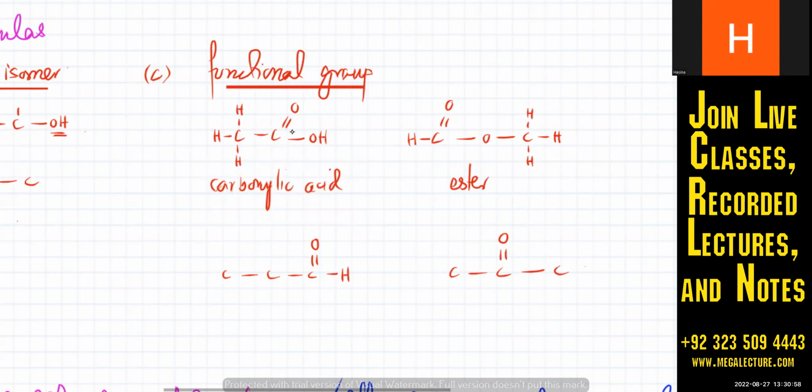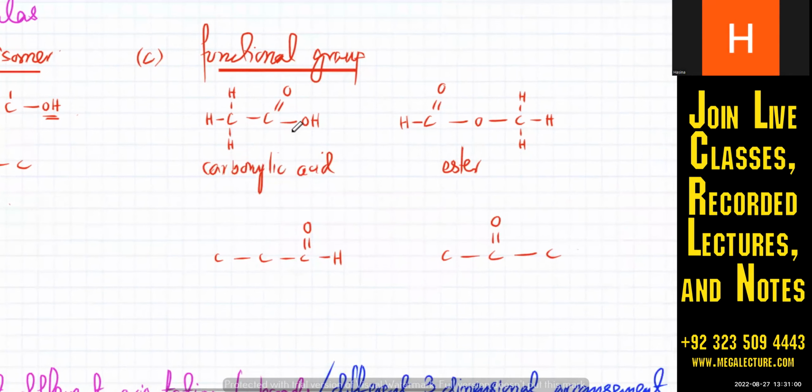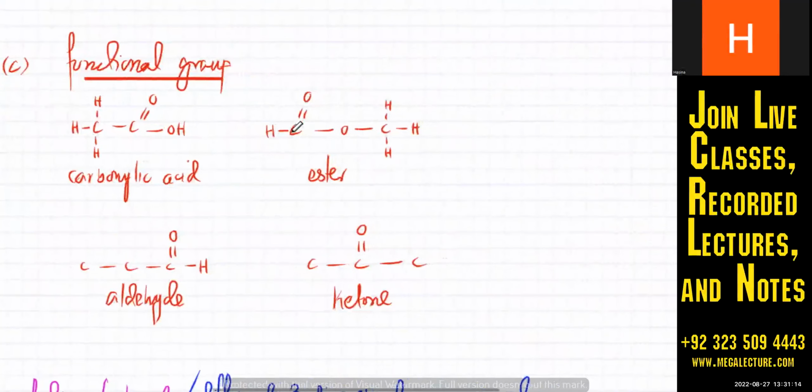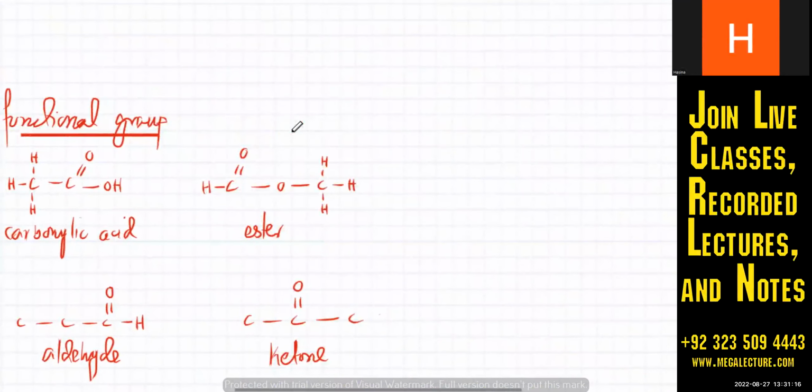And there are many functional groups that are isomers of each other. You've got an aldehyde, and you can change it into a ketone. Even alkanes and alkenes are isomers. Like you've got a cyclic alkane, all single bonds.